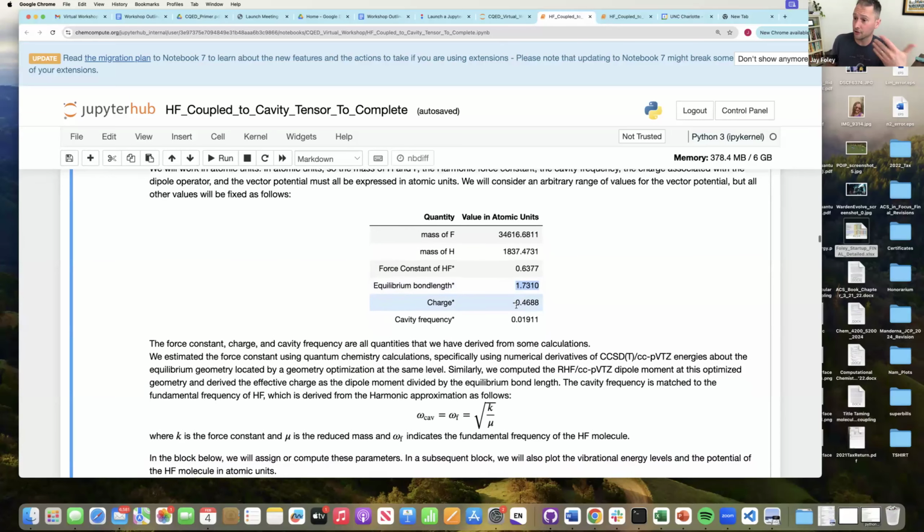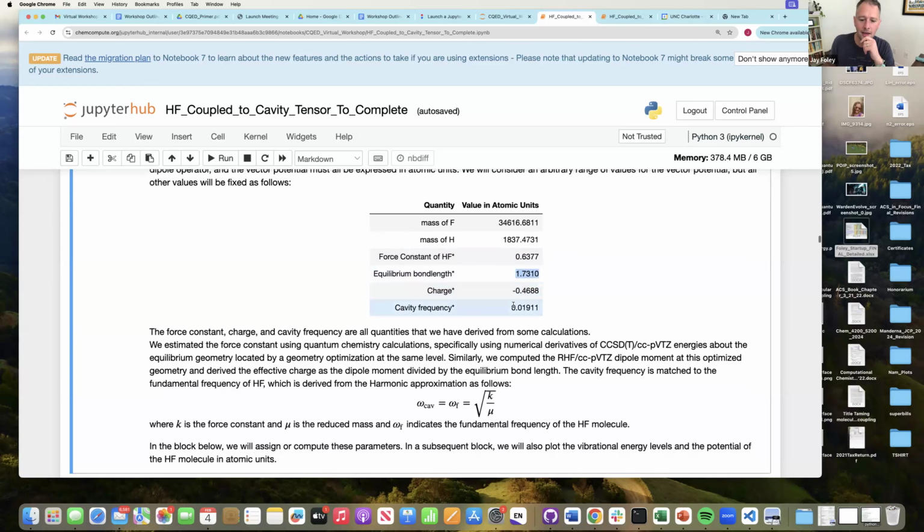And then this effective charge, right? We also computed the dipole moment of HF at equilibrium. It has some dipole moment that I didn't write down here, and we just divided that dipole moment by the equilibrium bond length. The dipole moment in atomic units divided by the equilibrium bond length is now the effective charge in atomic units.